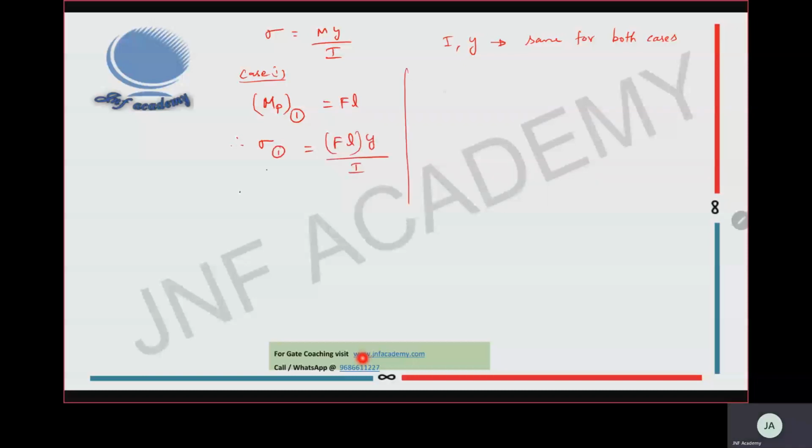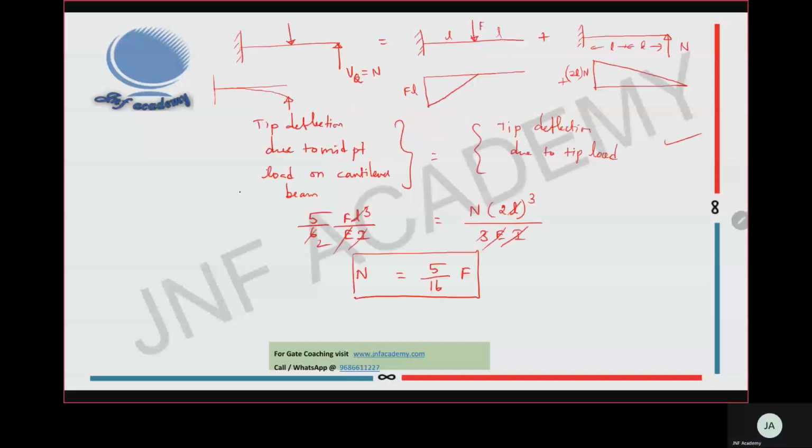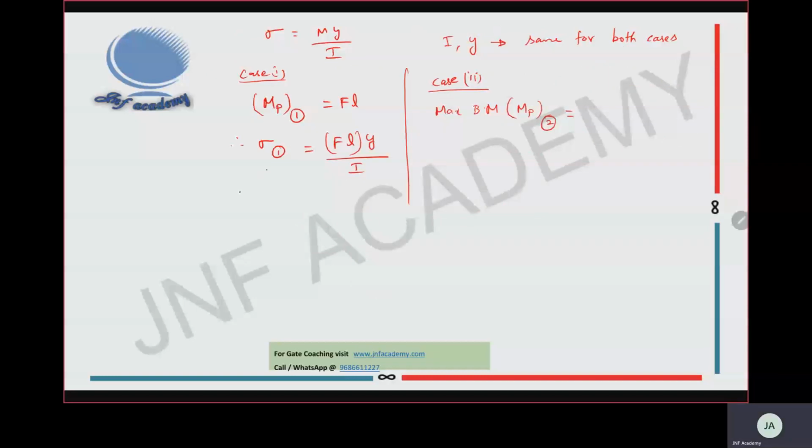The same way, if we do for case 2, the maximum bending moment at P for the second case is equal to, here we have two diagrams, one on the upper side and another on the lower side. So we have to find the difference between these two.